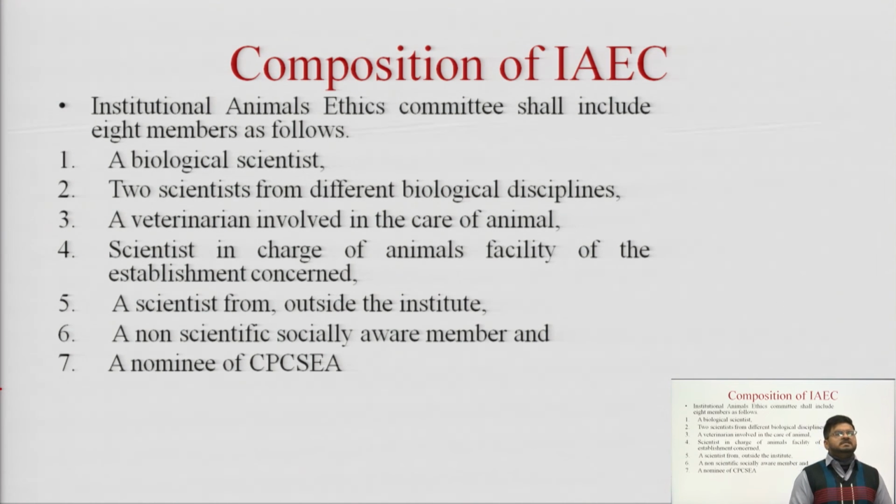As well, we need a scientist from outside the institute, a non-scientific socially aware member, and a nominee of CPCSEA. So, these are the 8 members required for the composition of the Institutional Animal Ethical Committee.